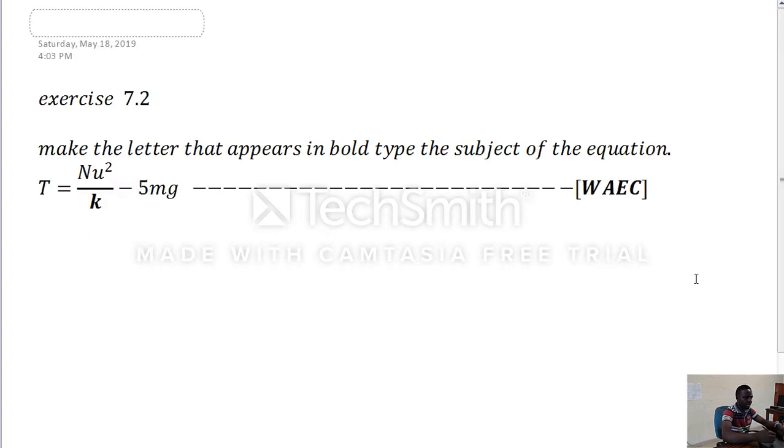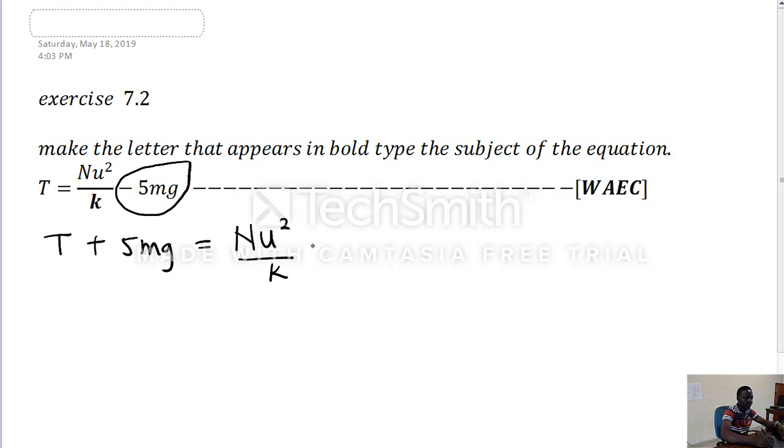Next question says we should make k the subject of the formula, of which on the right hand side we have a two term expression. So I'll first and foremost move this to the left hand side of the equation by adding 5 mg to both sides of the equation, and this becomes t plus 5 mg is equal to n u squared divided by k minus 5 mg plus 5 mg.